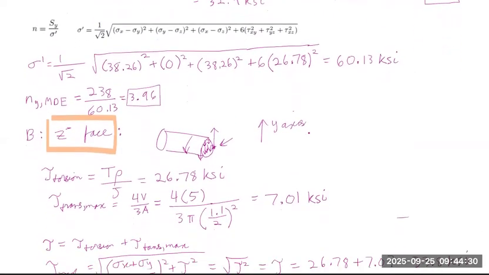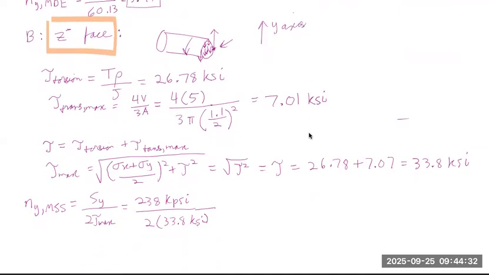And do note that kpsi and KSI are actually equal, because one kip is equal to 1,000 pounds and one KSI is 1,000 pounds per square inch. So when you're saying 238 kilopounds per square inch, you're actually saying 238 kips per square inch, because one kip is 1,000 pounds. 238 KSI divided by 2 times 33.8 KSI.